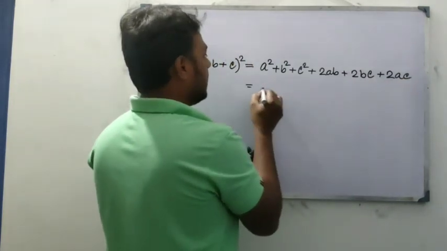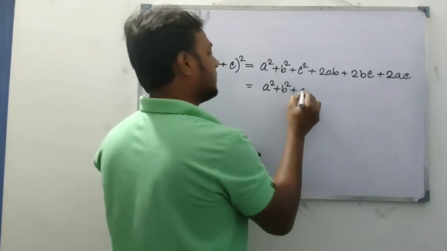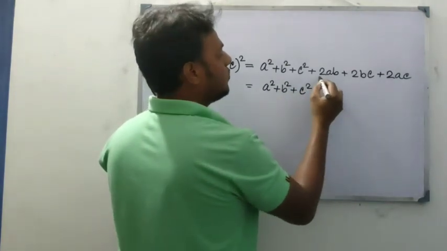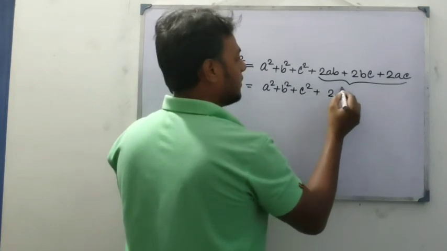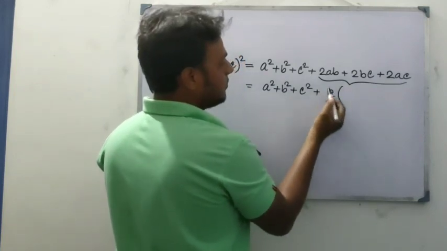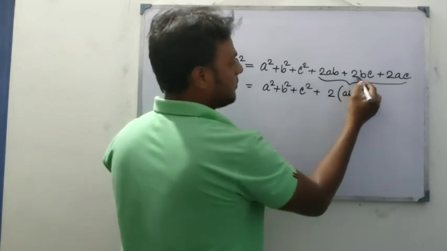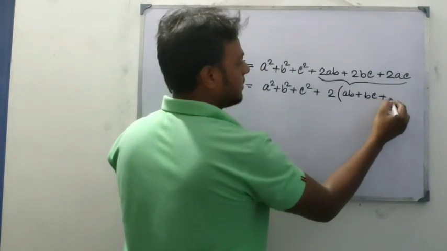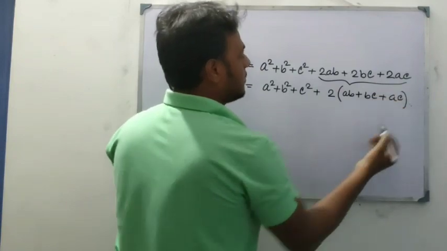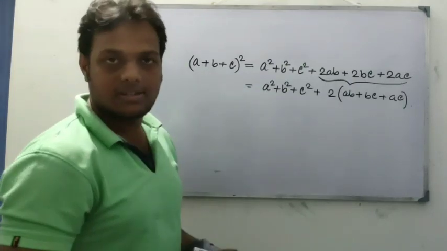If we take 2 common from the last three terms, then a square plus b square plus c square plus 2 times ab plus bc plus ac. So this is a new form of this identity.